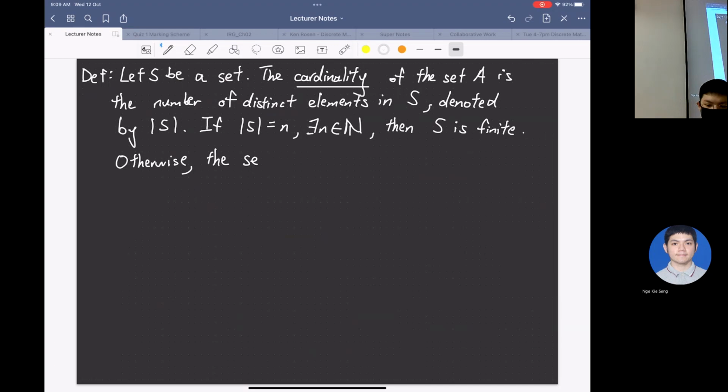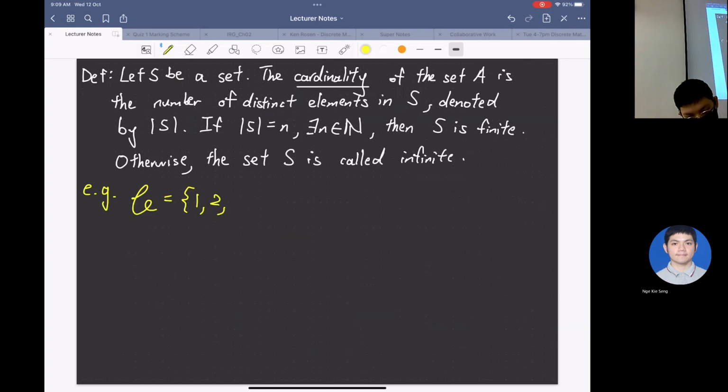For example, let's recall the set C of clock numbers: 1, 2, 3, up to 12. What's the cardinality of C? 12. Yes.